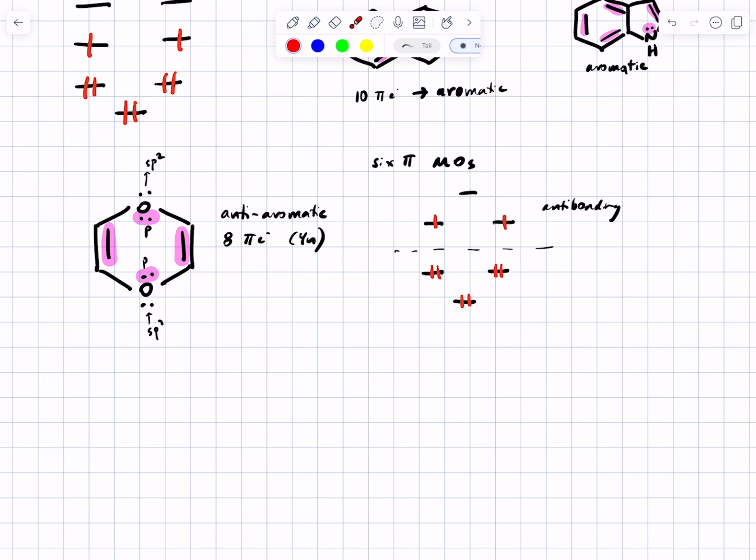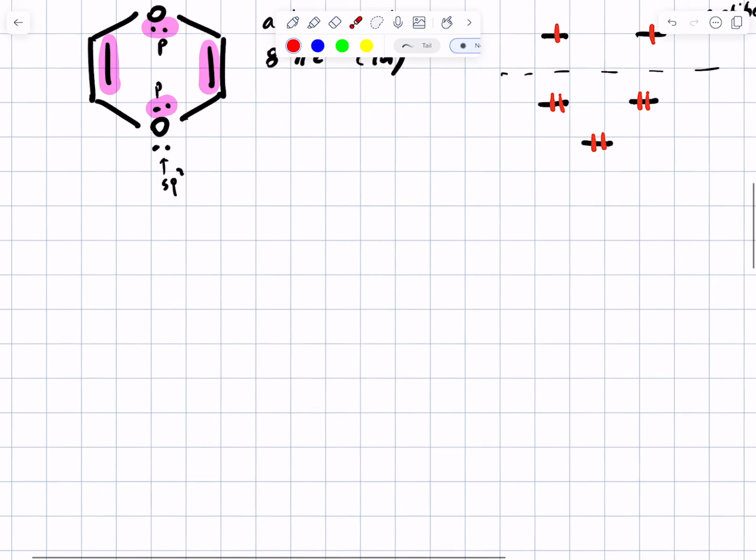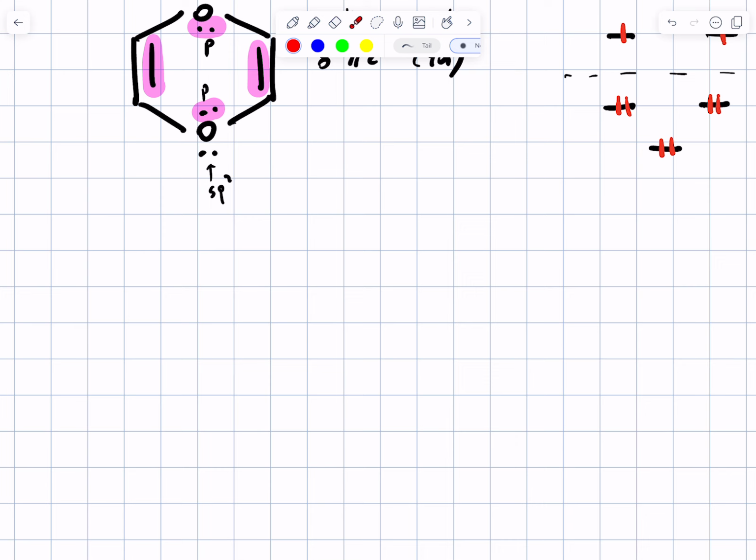So one of the most common things that anti-aromatic molecules will do is distort themselves from planarity so that they don't have to be anti-aromatic. For example, this molecule will form sort of a boat shape. Do you see how the 2 oxygens have puckered themselves out of planarity?